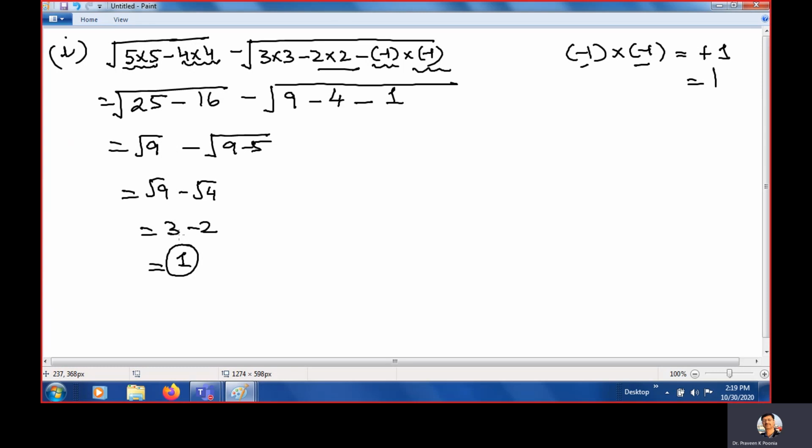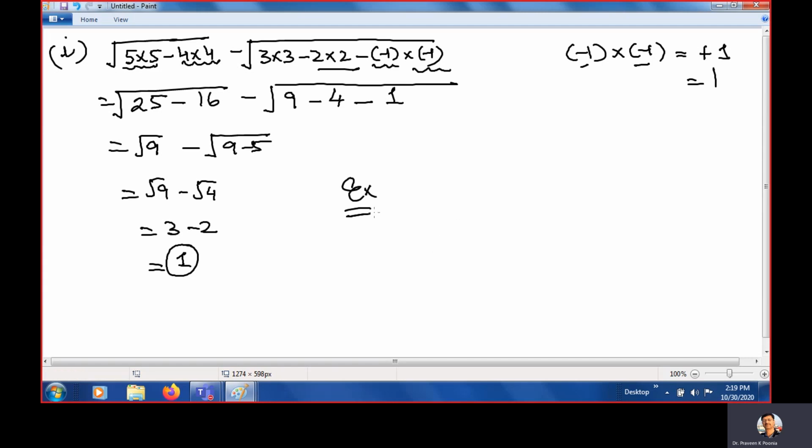So this is about the BIDMAS rule. Now, after today's lecture, you can solve many questions from the exercise. If you go to the exercise, you can solve it.